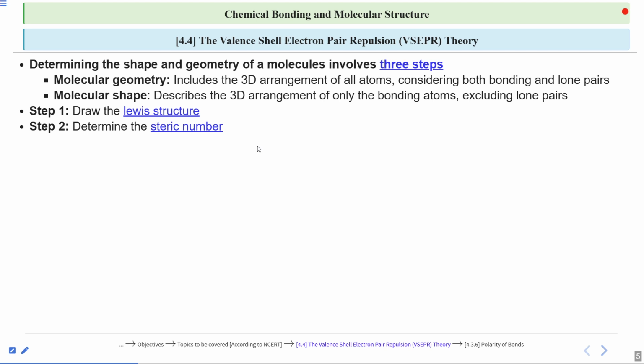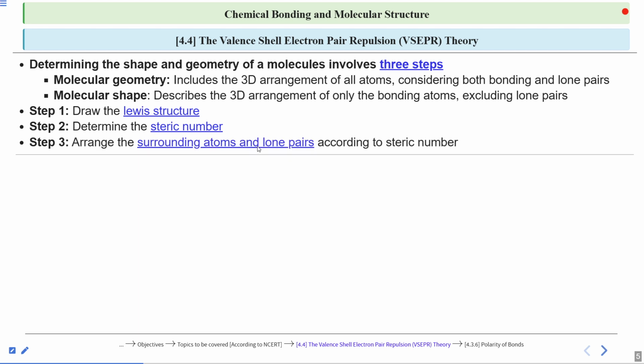And once you have your steric number, you have to arrange your atoms and your lone pairs according to the steric number that you have obtained. Our first part, drawing the Lewis structure, is already clear to us. We have already talked about this in the previous class, so I will not go into that. I will explain how you will determine the steric number.